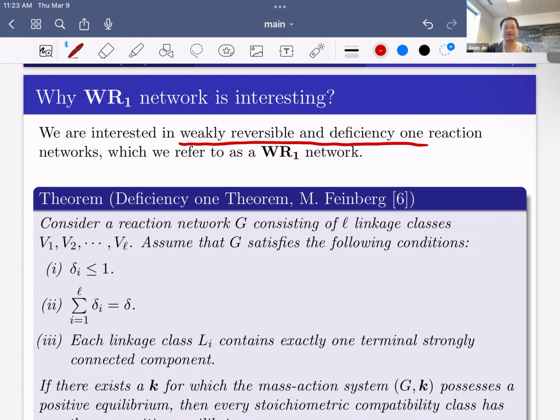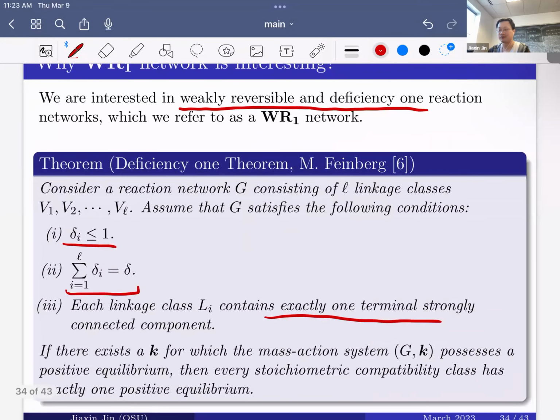It is saying if it satisfies the deficiency smaller or equal to 1, the sum of the deficiencies is equal to the whole deficiency, and let's simplify as weakly reversible, then the system is able to have one positive equilibrium, and it is the unique equilibrium within each stoichiometric compatibility class. So this is very interesting and nice. Therefore, we want to figure out an algorithm for a WR1 network.